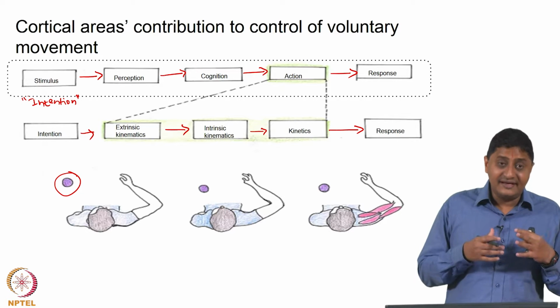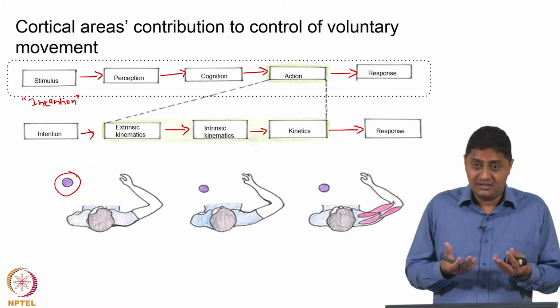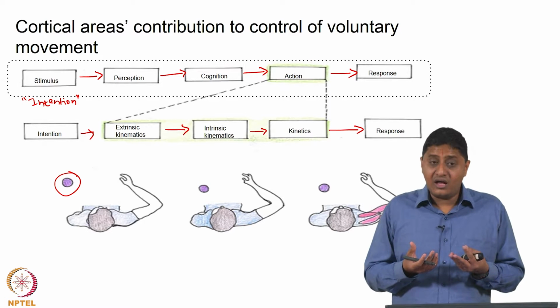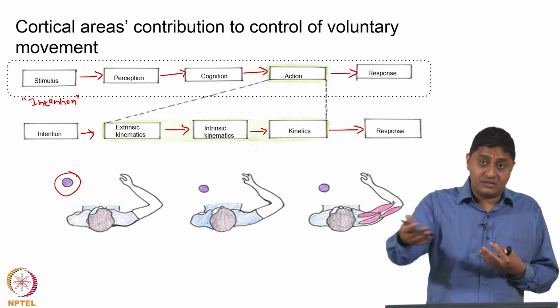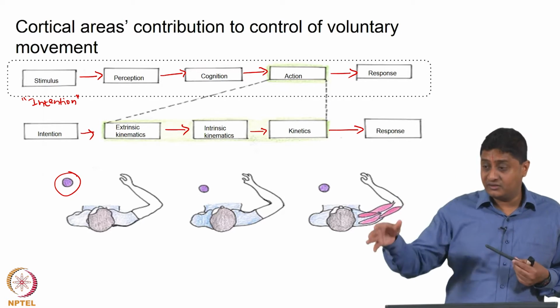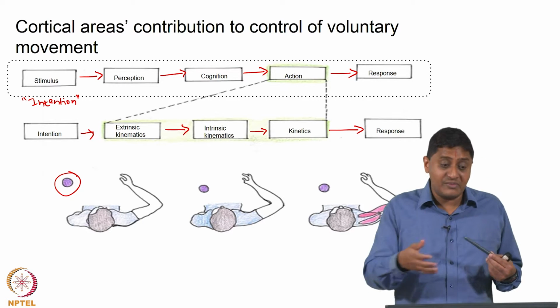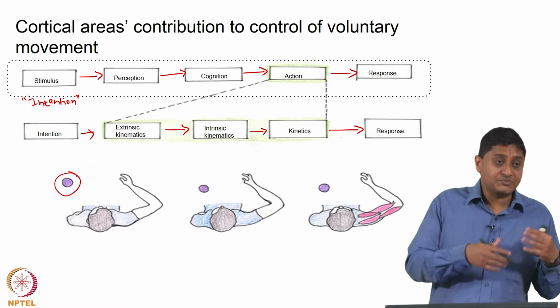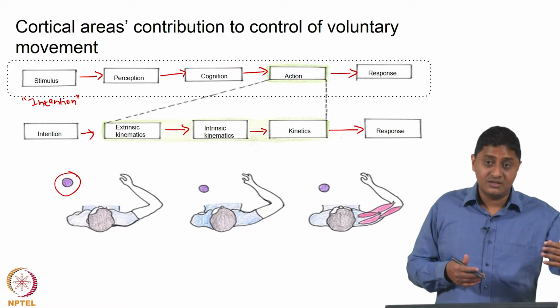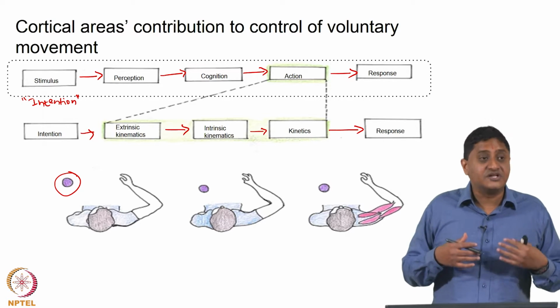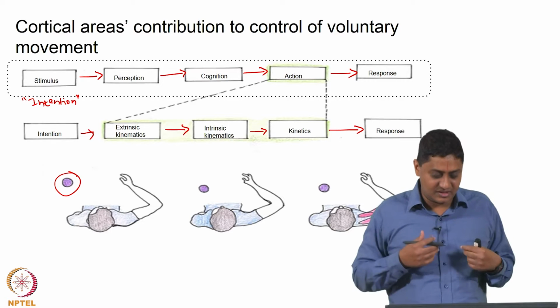So, there is an internal decision that is made, or I may respond to the environmental activity. There may be something that is happening, I may choose to respond to that, that is response to a stimulus, or I may make the decision internally. So, that is an intention based movement.